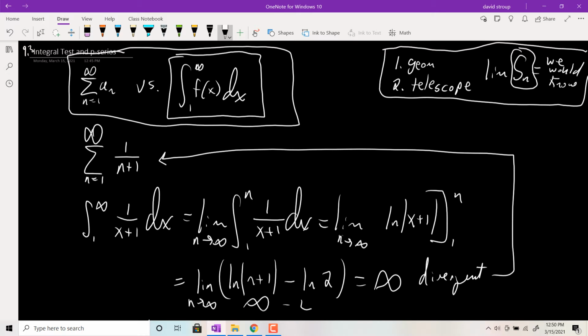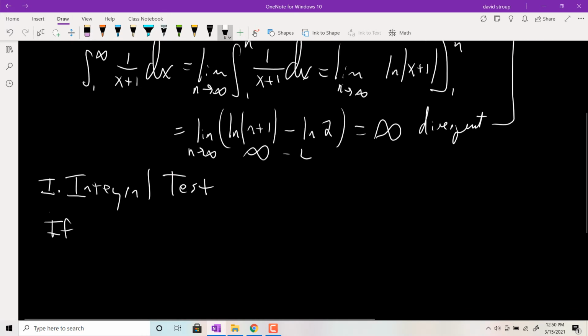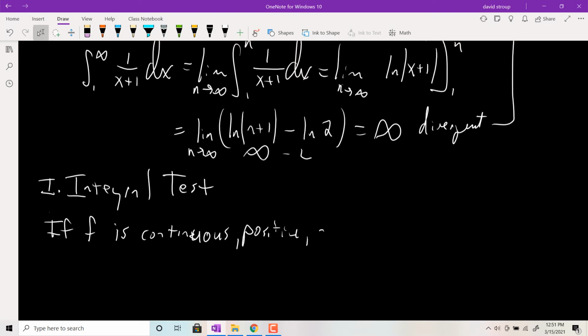So in the definition, you're going to hear me talk about f of x, but really you're just talking about this a sub n at first. Okay, so first off, we need a sub n, or in other words, f of n, to be positive, continuous, and decreasing, or rather here, f of x, right? So f of x is continuous, so we could take its integral. Positive and decreasing.